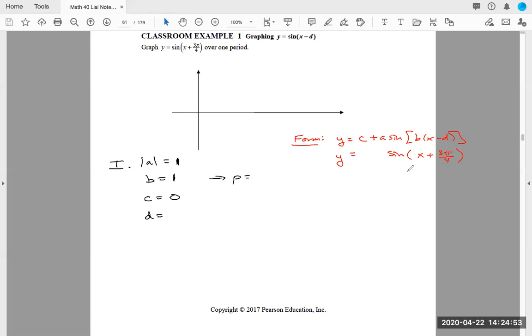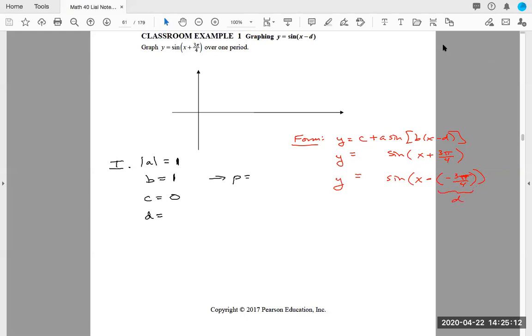D here, change this to sine of X minus negative 3 pi over 4. And then this becomes your D value.